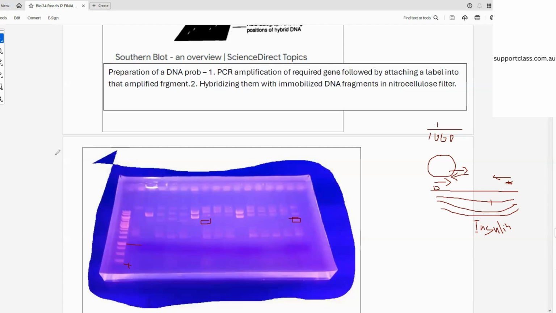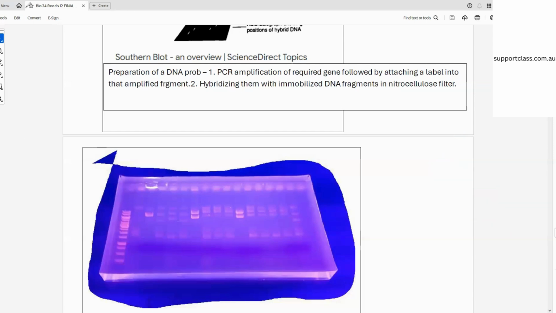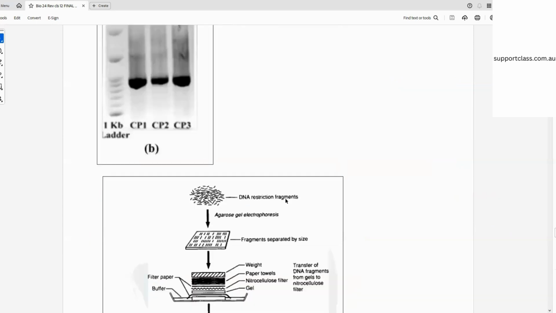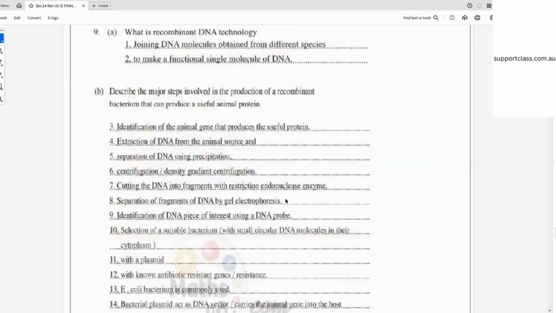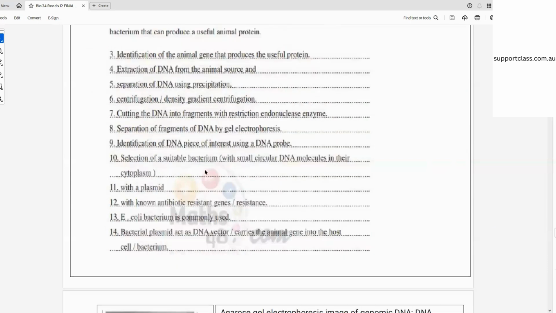So what do you call that? Go back to the answer paper. What are their answers? There's a separation of fragments of DNA by electrophoresis. Then they say identify the DNA piece of insert using a DNA probe. All right.